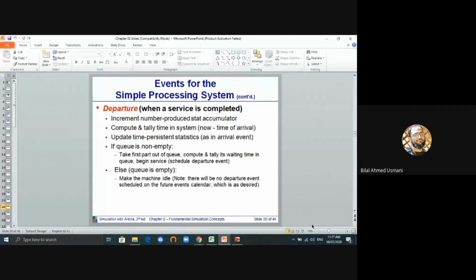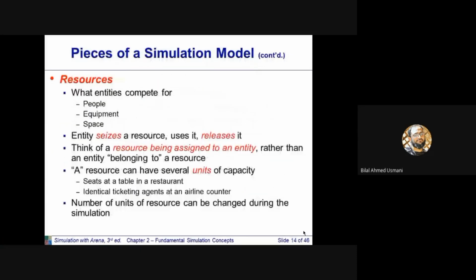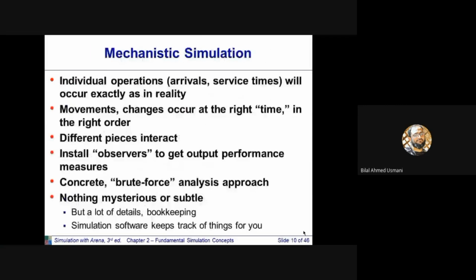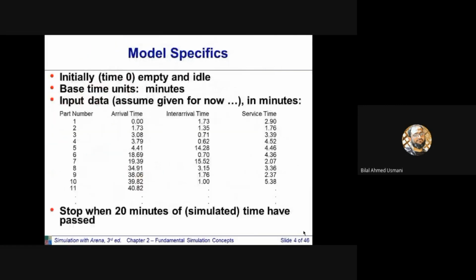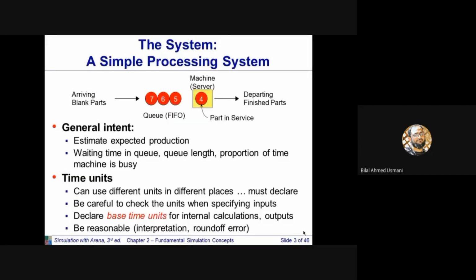These slides are about discrete event simulation. It's a simple processing system: arriving parts, queuing, first in, first out, then the machine server, part in service, and then departing. So this is a very easy example.